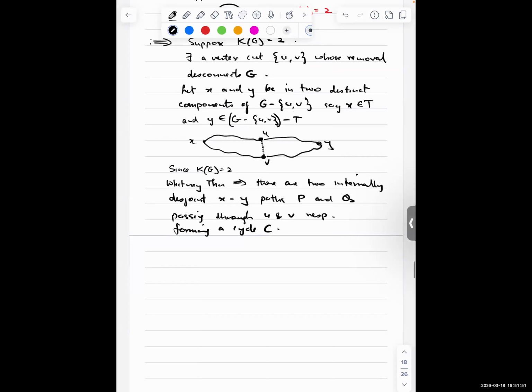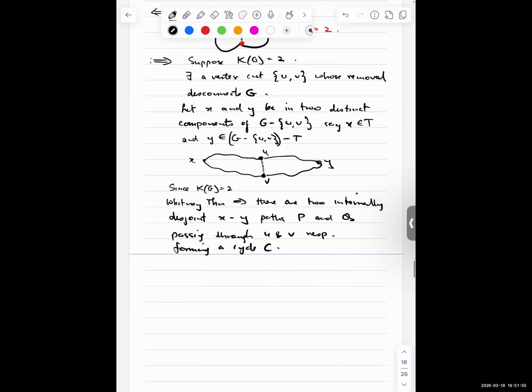Good so far? Right? So there's a vertex cut UV whose removal disconnects G. So you'll be able to find an X in one side and a Y in the rest. And now because kappa G is 2, Whitney's theorem says there are two internally disjoint XY paths, passing through U and V respectively, forming that cycle.